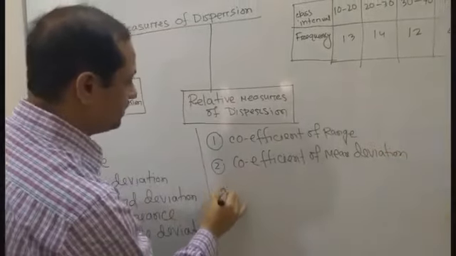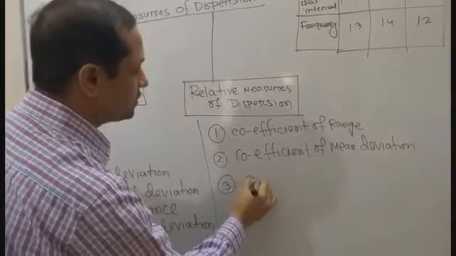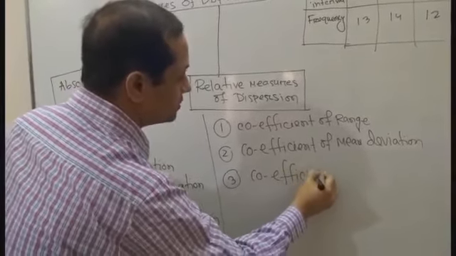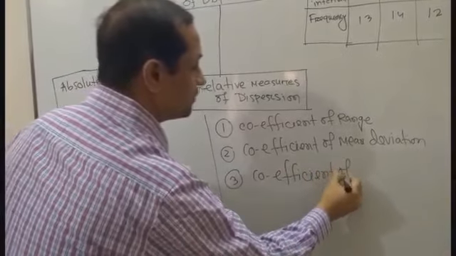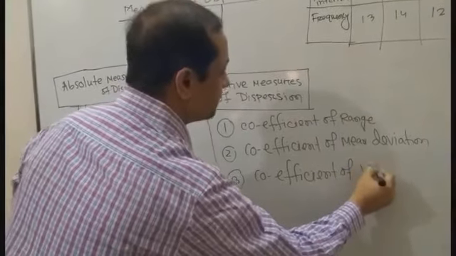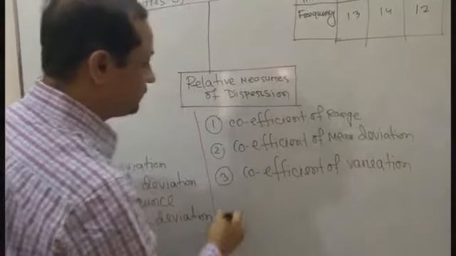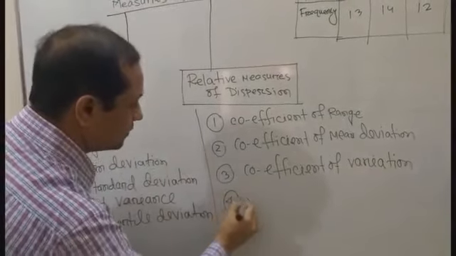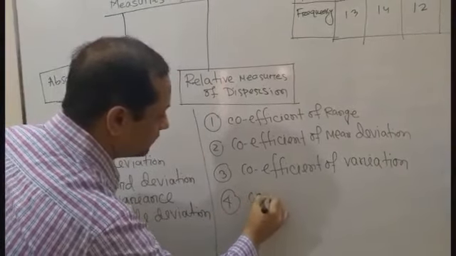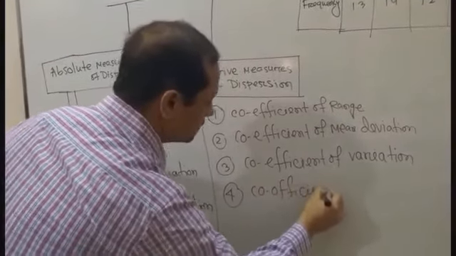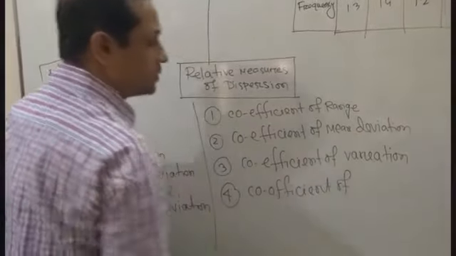Number three, coefficient of variation. Number four, coefficient of quartile deviation.